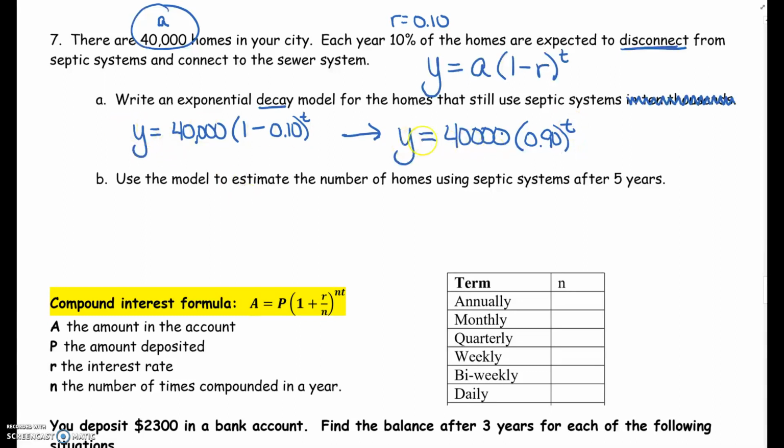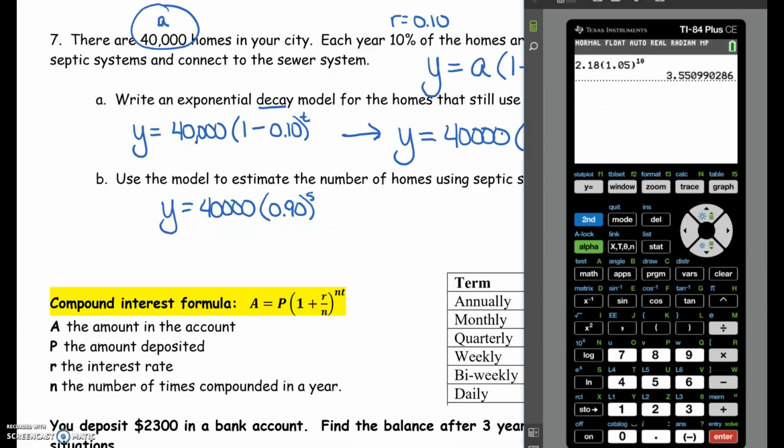Once you have the model written, the next step is just to use that model. Use the model to estimate the number of houses using septic systems after 5 years. That means we are going to use t equals 5. So 40,000 times 0.90 raised to the 5th. 40,000 times 0.9 raised to the 5th.